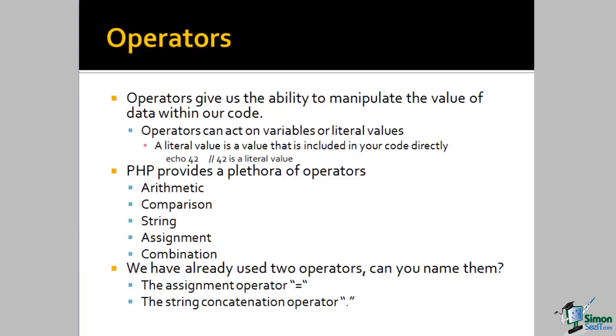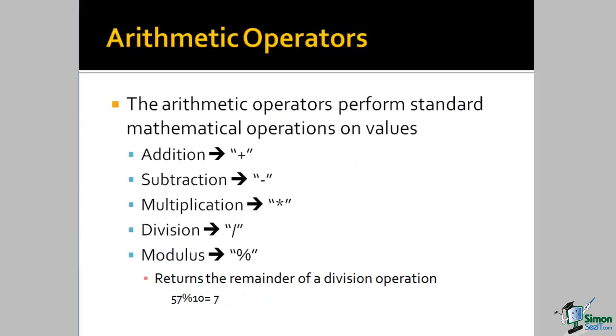So we should start building some comfort level in operators as we review those that are available to us from PHP. So the first set of operators are the arithmetic operators from grade school: addition, subtraction, multiplication, division. The one here that might not be familiar to everyone is the modulus operator. The modulus operator returns the remainder of some division.